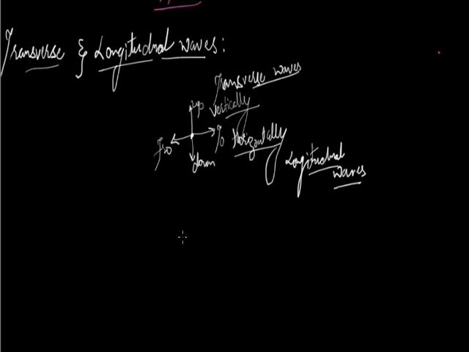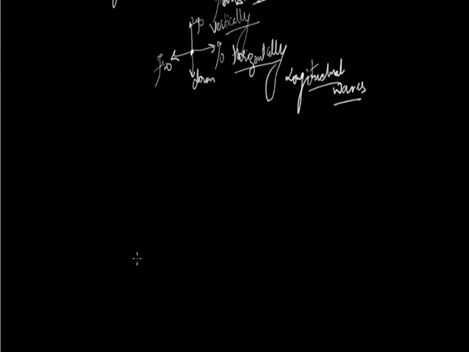In case of longitudinal waves, how does the waveform travel the energy from one point to another point? Let us suppose these are the medium particles. Now, when this particle vibrates horizontally, it will collide with this particle, and there is a situation when both these particles are at this point.